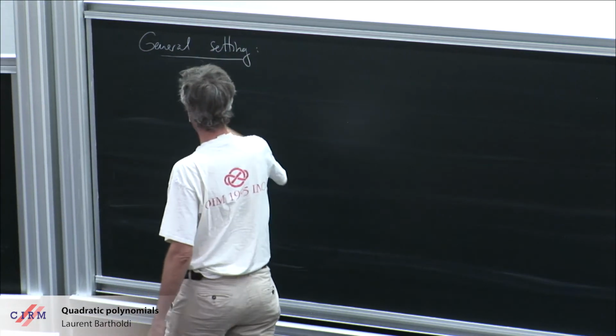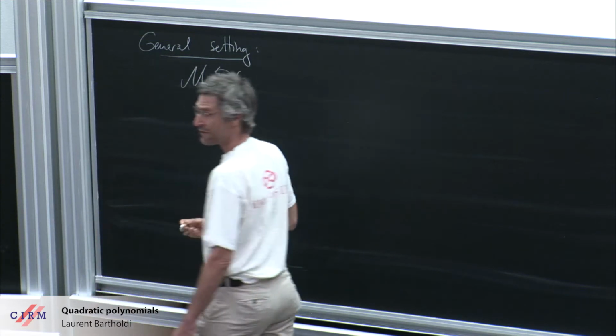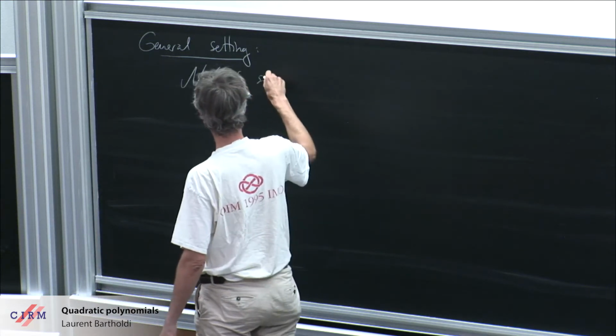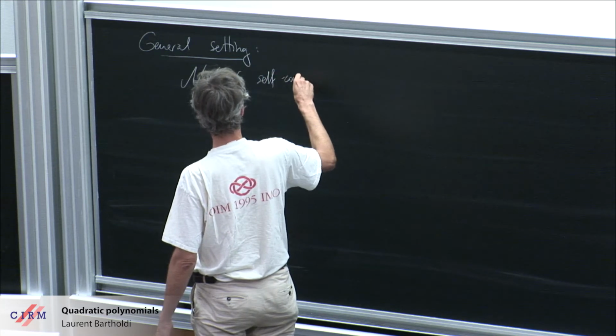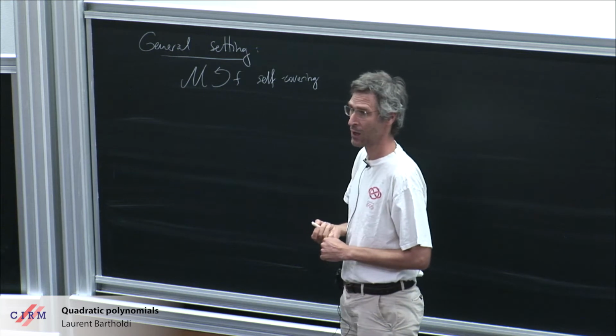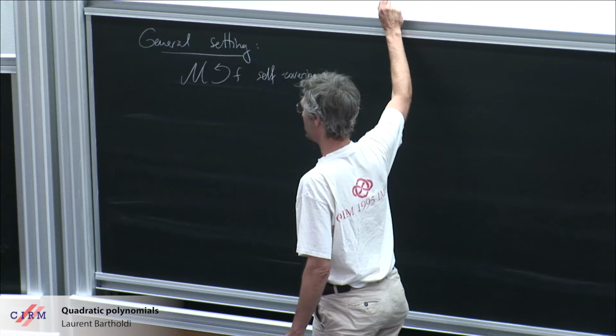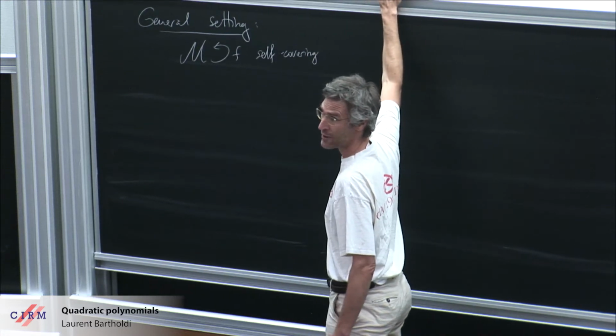You will recall from yesterday that we have a self-covering of a topological space M, which you can assume is metric. And we can assume also the map F is expanding locally for the metric.